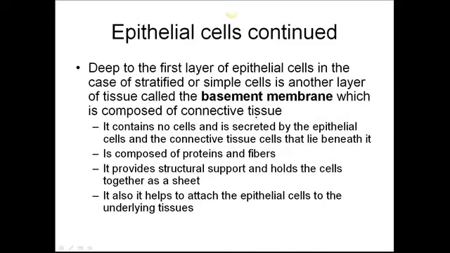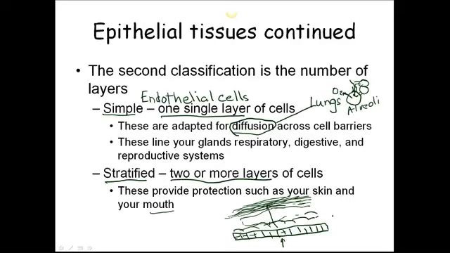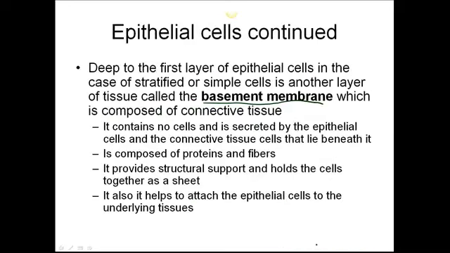So deep to the first epithelial cells, in the case of the stratified or simple cells, is another layer called the basement membrane. I showed that to you. That's right here. This is basement membrane. It kind of holds all of the cells together, and it attaches the underlying connective tissue to this layer of epithelial cells.